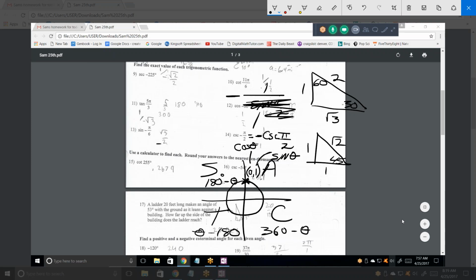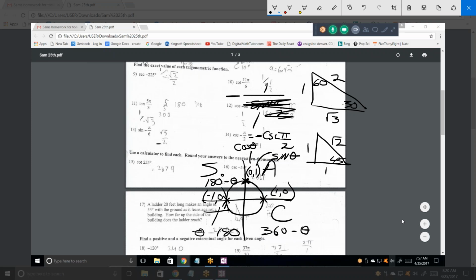And you can get your sines and cosines of your 4 quadrantal angles in this manner. In other words, this point here is 1, 0. That tells me the cosine of 0 degrees is 1, and the sine of 0 degrees is 0. This point over here is minus 1 comma 0.